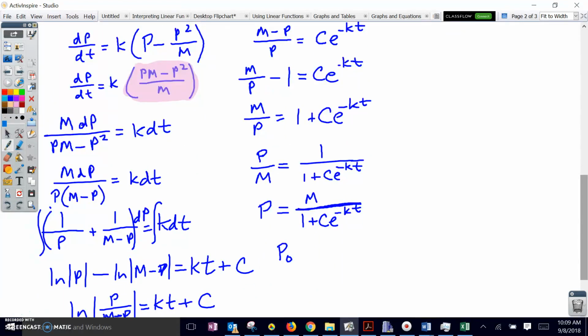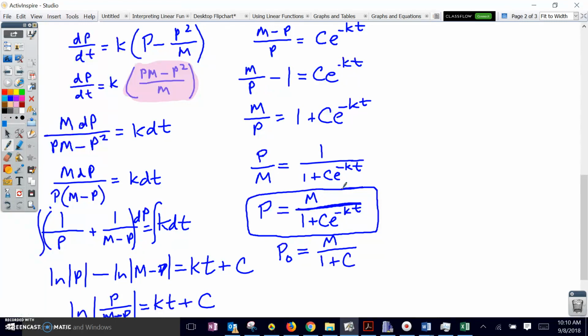P of 0 is equal to P at time 0. So P of 0 would just be M over 1 plus C, which isn't terribly informative for us here in the general form, but it's more informative when we actually have the population. And so right now we have the logistic growth model, P equals M over 1 plus C e to the negative kt. And that's what we're going to use as our logistic growth model.